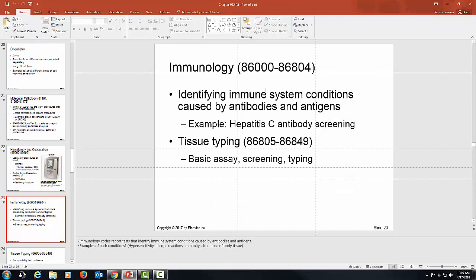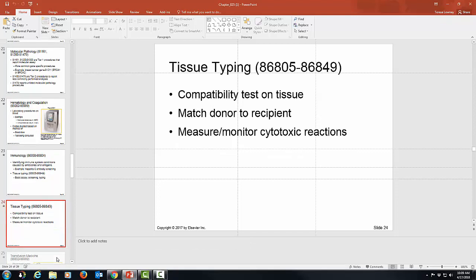Immunology, identifying the immune system conditions caused by antibodies and antigens, for example, hepatitis C antibody screening. Also into this section comes tissue typing, the basic assay, the screening, and the typing. So we need to look for things like hypersensitivity, allergic reactions, immunity, alterations of body tissue. So again, very specific things that we're looking for.